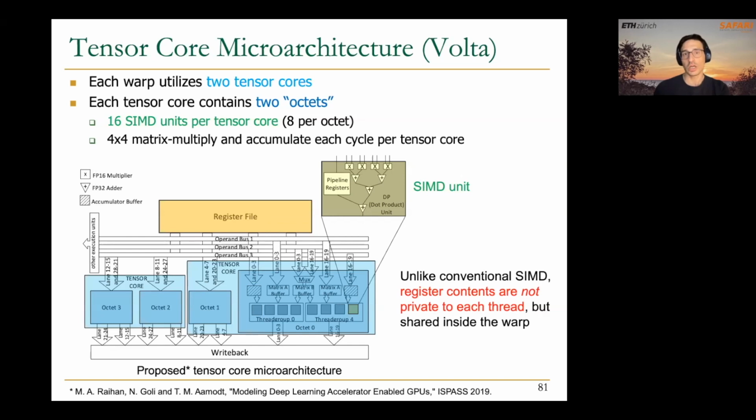And this is important to execute the matrix multiply operation without having to replicate elements of the 4x4 matrix, which in the end is just a submatrix of a larger matrix multiplication, so as not to duplicate or replicate some of these elements to be accessed by different threads of the same warp. That's a good thing about having these shared registers within a warp.